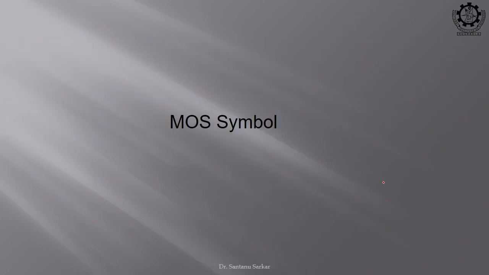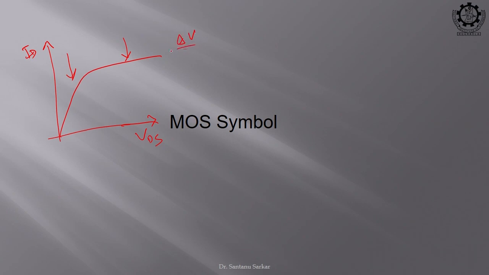If you forget, let us see. This is our linear region. Here you see this is our ID, this is our VDS. Here you see delta V is quite large, delta ID is ideally 0.